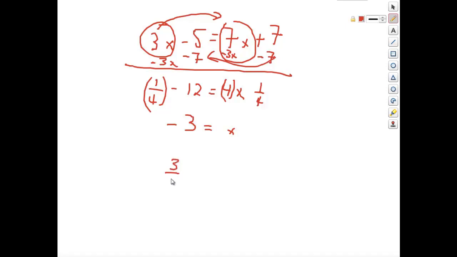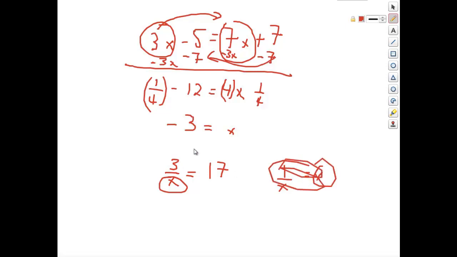Suppose I have 3 over x equals 17. As you can see, the x is on the bottom. So if we just got rid of the 3, we'd be solving for 1 over x, not x. We're trying to solve for x. We want to find out what x is. If we've got a situation like this, we've got a ratio, and we can simply flip those upside down to get the x in the correct position.